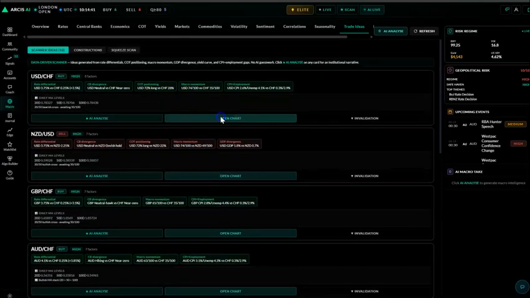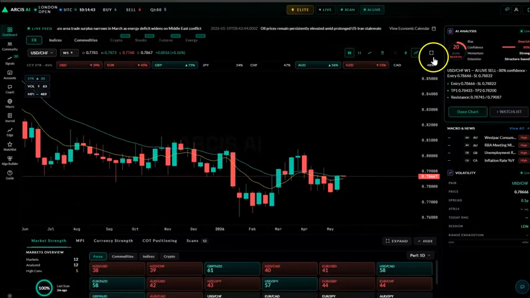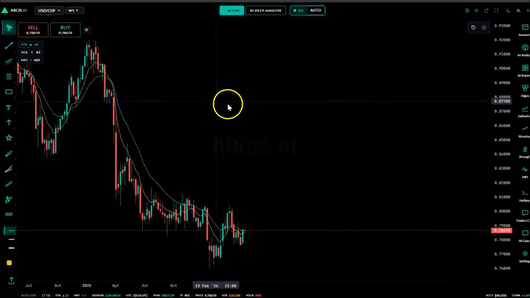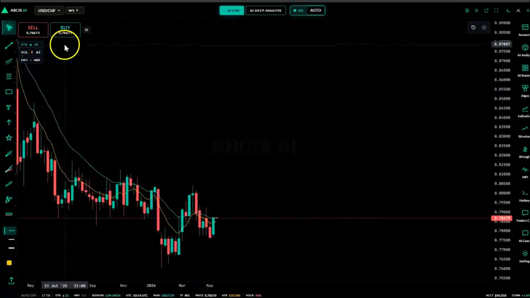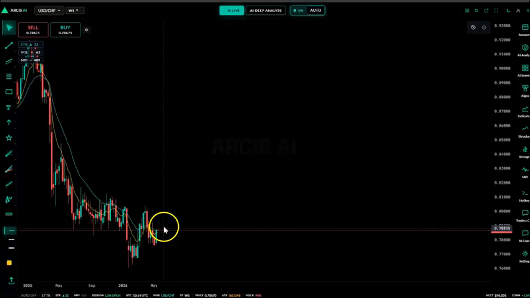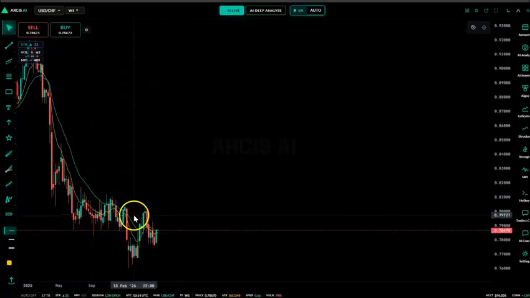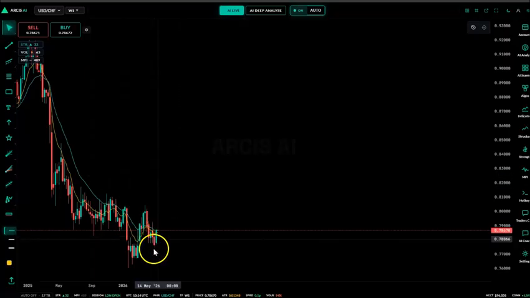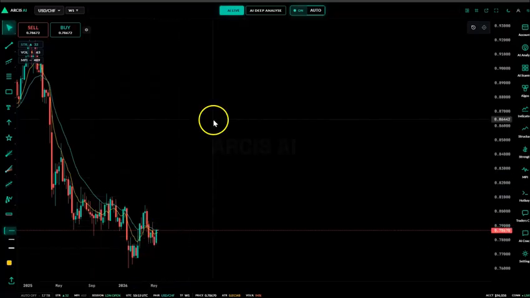So if we open up a chart here, USD Swiss franc, so it's saying buy. For me, I would wait for a breakout above the moving averages. You can see it's got the moving averages on the chart here. Wait for a breakout and then first pullback and add.